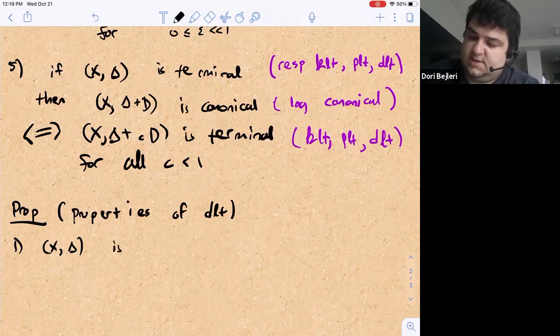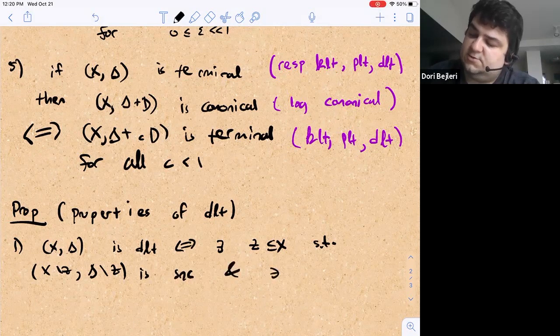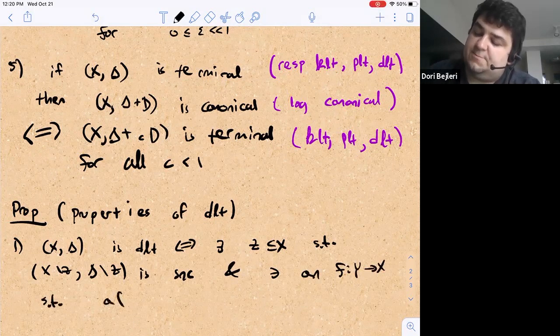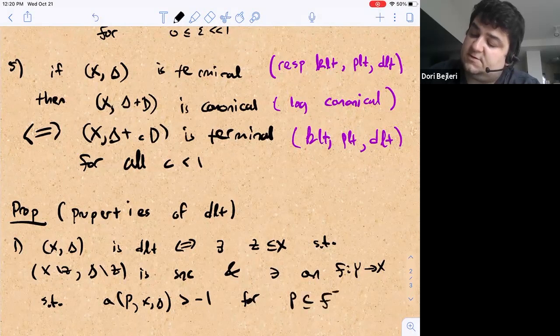So (x, Δ) is DLT if and only if there exists a closed subset Z such that (X − Z, Δ − Z) is SNC, and there exists a resolution such that the discrepancy of any prime divisor P is greater than −1 for any P lying in f inverse of Z.